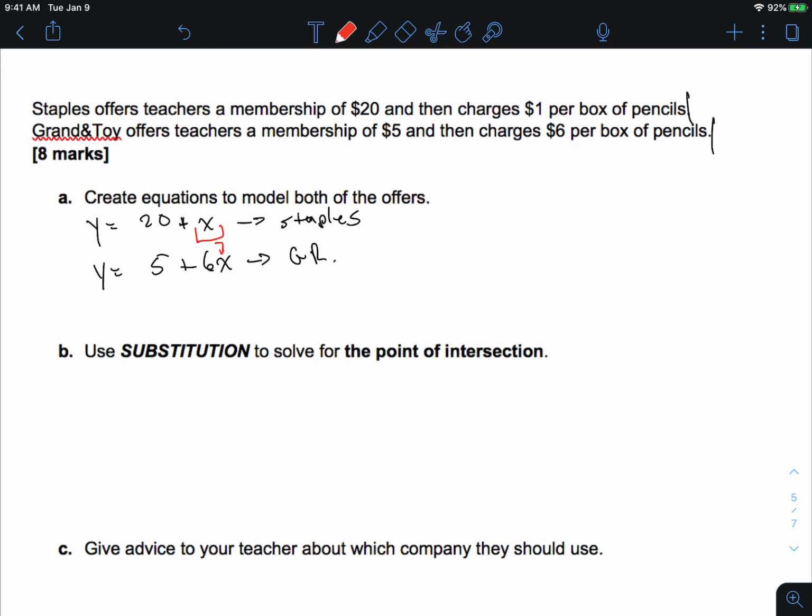So in the first one, I like the first one because it looks a little easier. So solve for x in the first one, Staples. You have y equal to 20 plus x. I can subtract an x from both sides, can't I? Actually, that doesn't even help you.